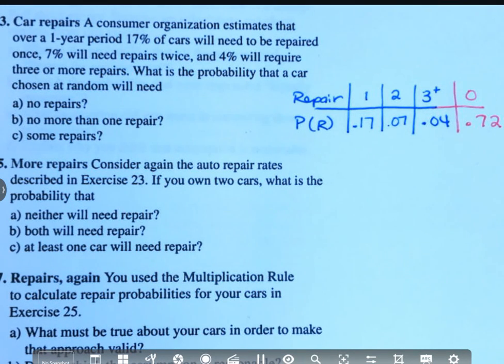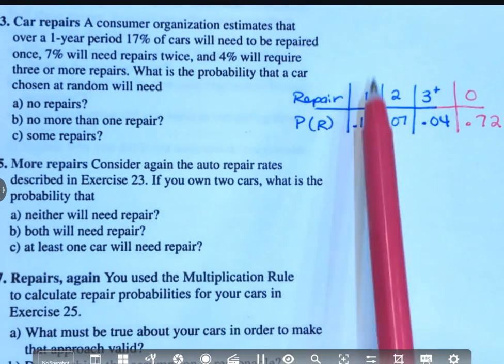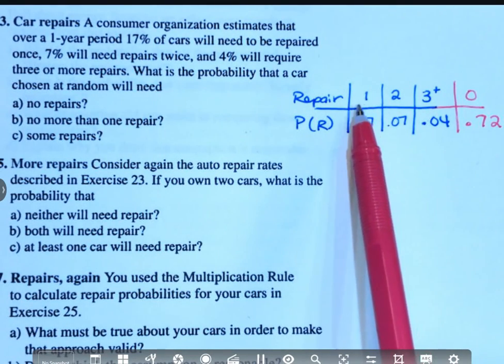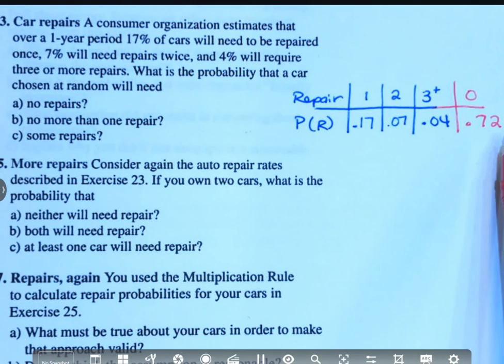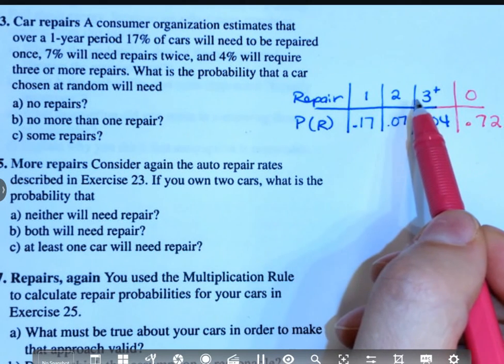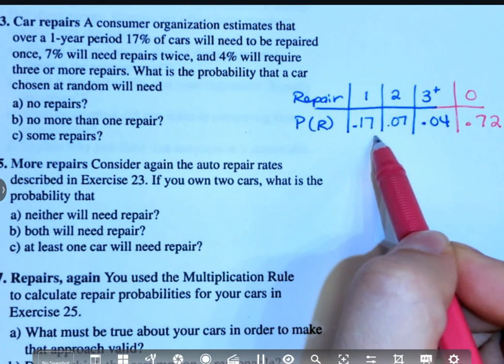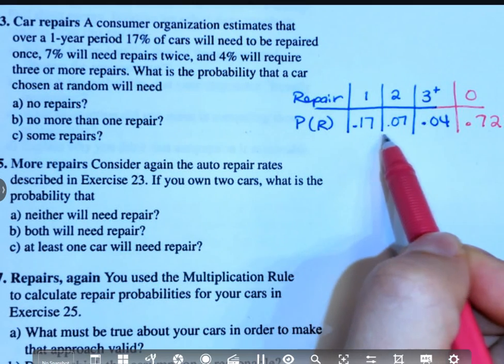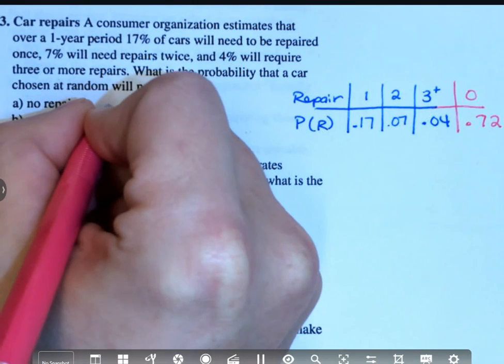You're not going to say, I went to the doctor once, and I went to the doctor twice, and I went to the doctor 3 times. You're going to say, I went to the doctor 3 times. These are considered disjoint. You're only going to fall into one group at a time. So it's not like 2 is going to cover the 1 and the 2, because 7% is actually less than 17. So that doesn't work.